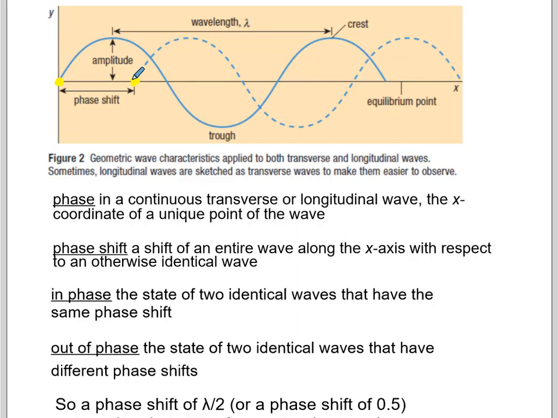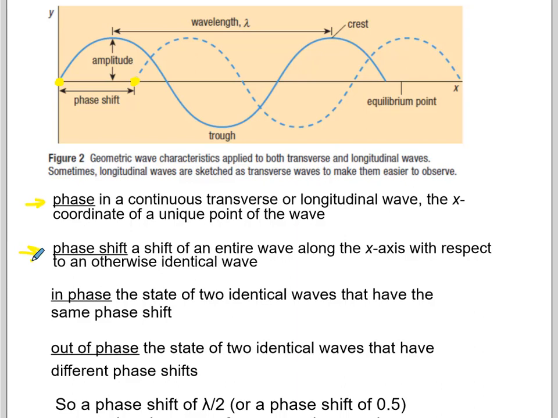That could be measured in time, degrees, or centimeters. So phase shift has some flexibility depending on what you're working with. For us, it's usually going to be time, but if you do this in math, it could be an angular measurement, radians, degrees, whatever. Phase is just your x location. Phase shift is how much you move it left or right.